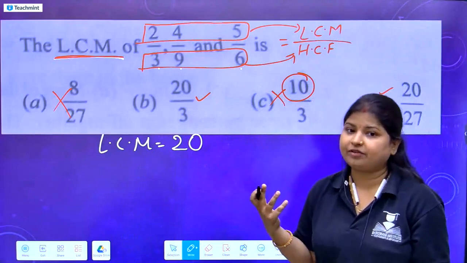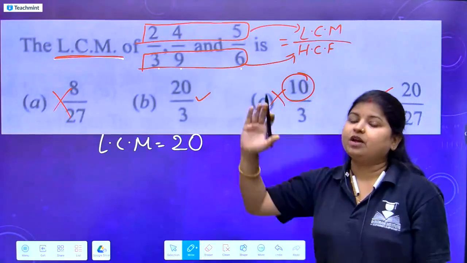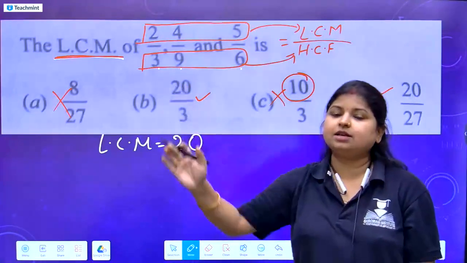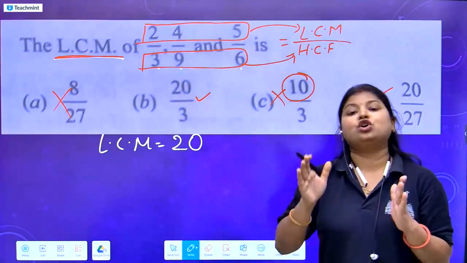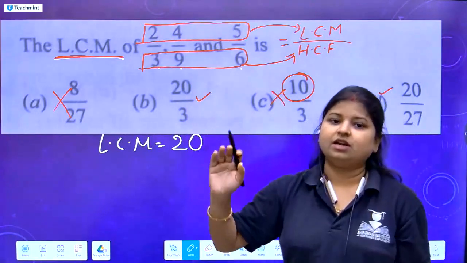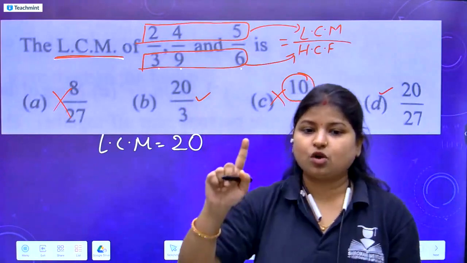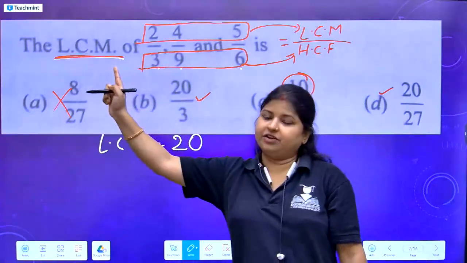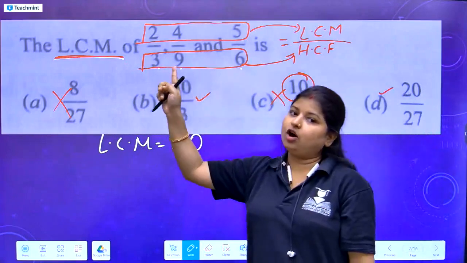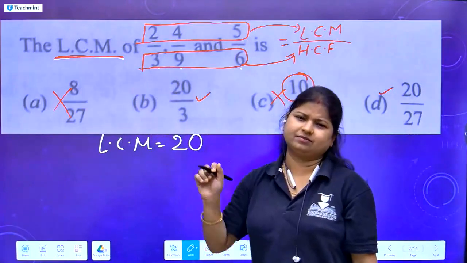The concept of HCF says that whenever you take out the HCF of any given numbers, that HCF should divide the given numbers. Suppose if the HCF is 1, 1 should divide all the given numbers. If HCF is 2, then 2 should divide all the given numbers.